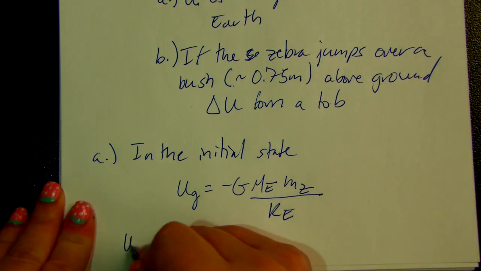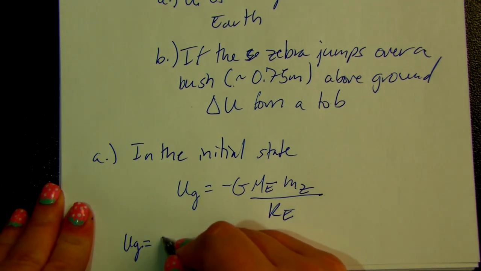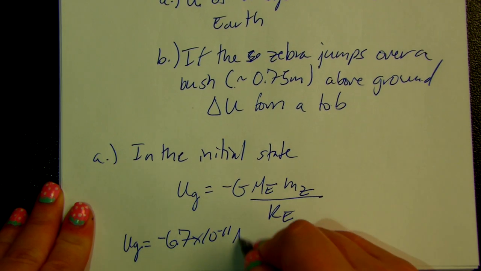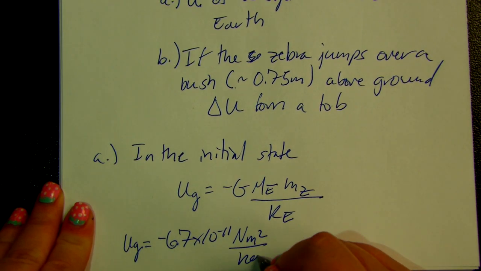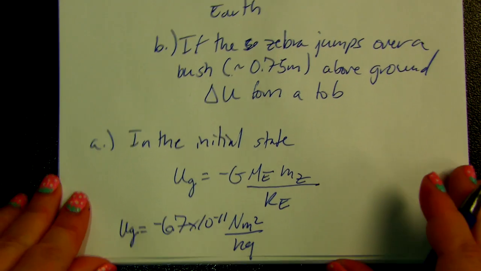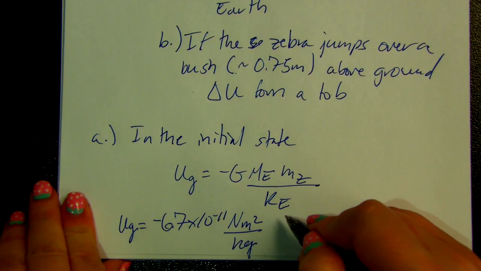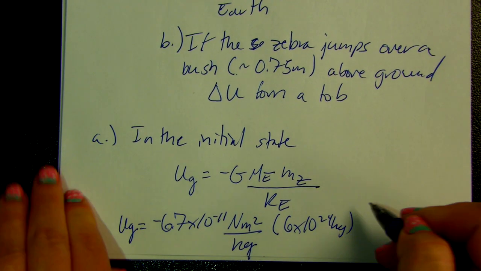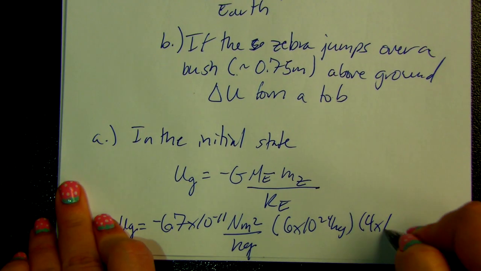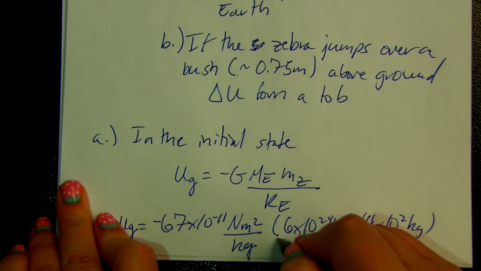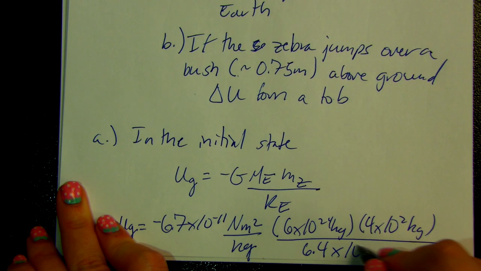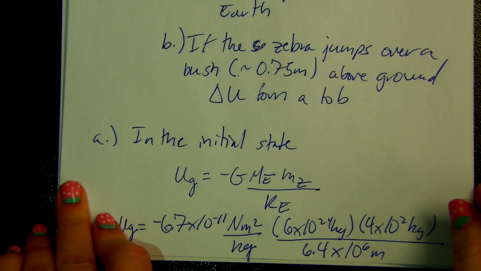So the gravitational potential for this setup is equal to minus 6.7 times 10 to the minus 11 newton meters squared over kilograms squared times 6 times 10 to the 24 kilograms, the mass of the Earth, times 4 times 10 to the 2 kilograms, the mass of the zebra, divided by 6.4 times 10 to the 6 meters, the radius of the Earth.